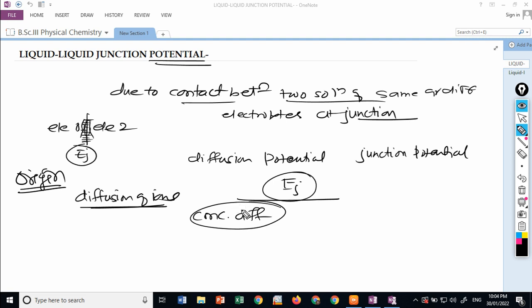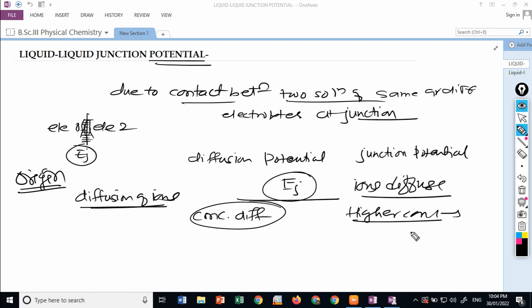Generally the ions diffuse from the higher concentrated side to the lower concentrated side.